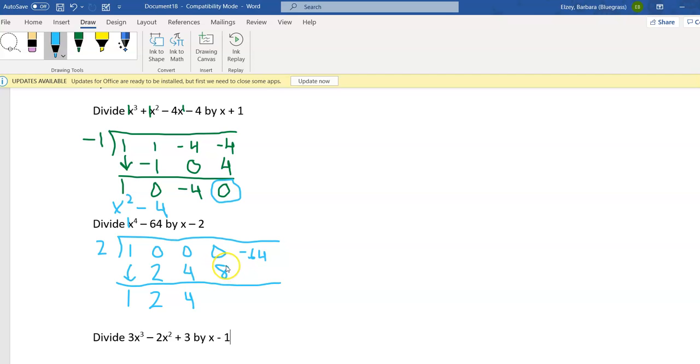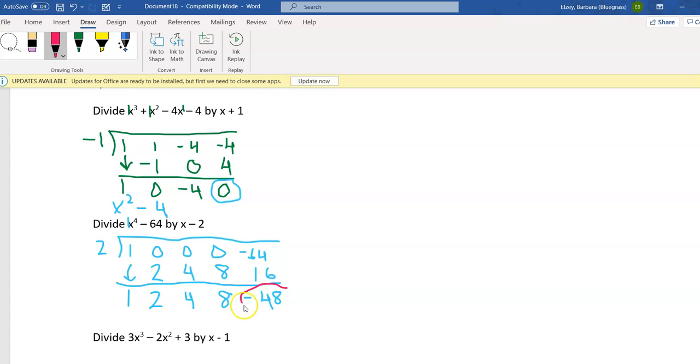Add the column. That's 8. 2 times 8 is 16. Add the column, that's negative 48, if I've subtracted correctly.